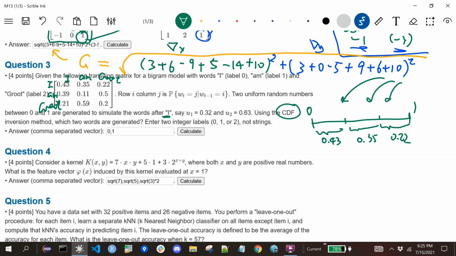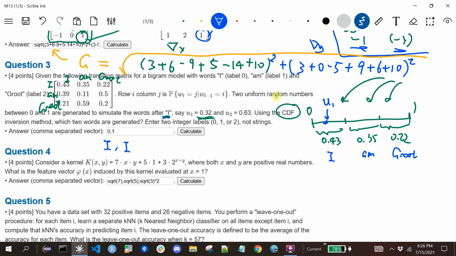And the first number that we draw is 0.32, so U1 is somewhere here. And if we are here, it corresponds to I, and here we get M, and here we get root. So the first one, the first word after the word I is also an I.